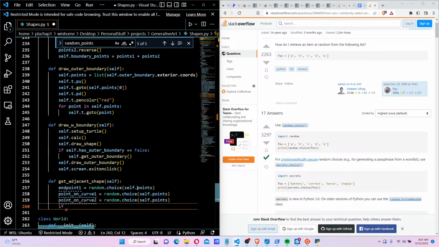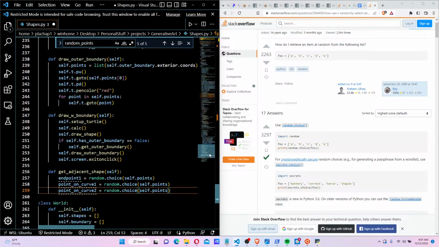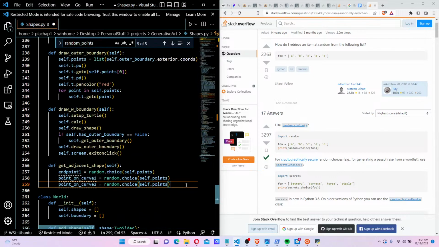And we're going to say if... we're going to need to save the t's associated with calculating the curves.